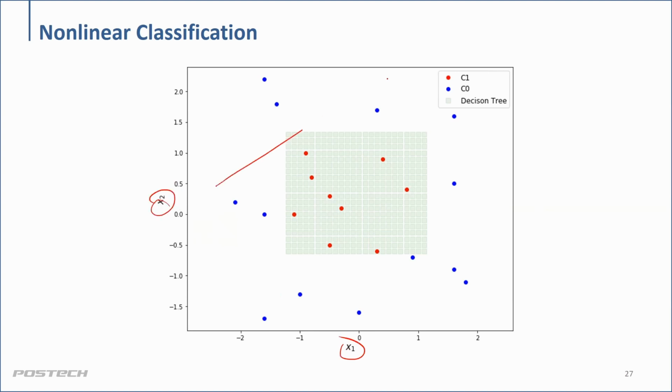We're not going to have this kind of boundary. We have to have this always. I guess you know why now. This is really important for understanding the mechanism inside the decision tree.